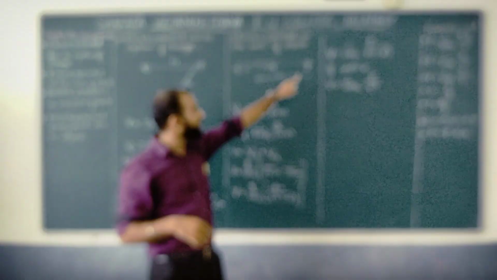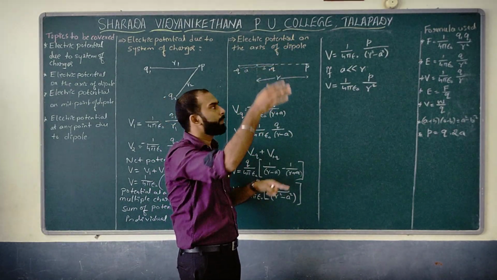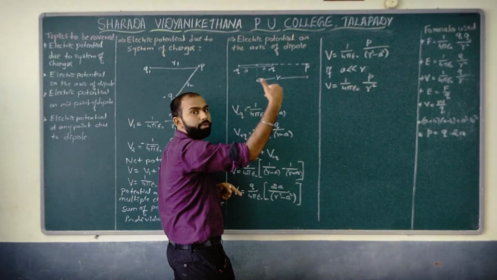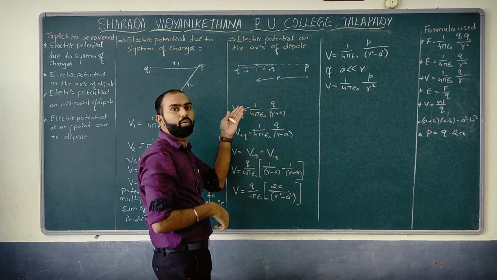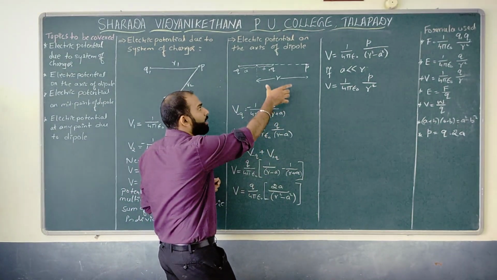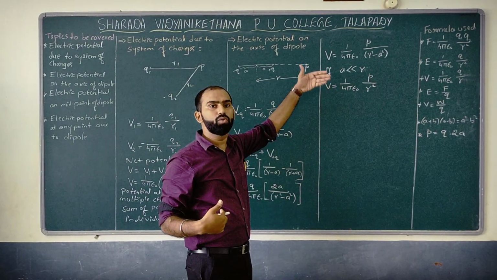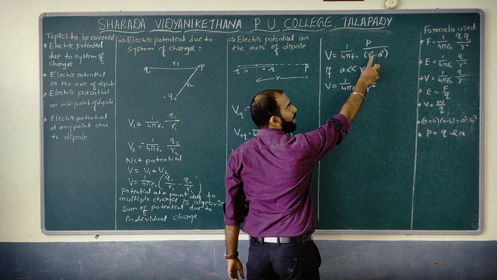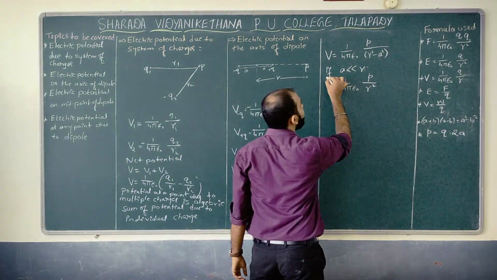For example, if I keep this particular point P at infinity, where you can't see, don't you think this r is much greater than this small a, or this a is much smaller than r over here? Are you getting? So in such a case, if a is much smaller than r, can I say a is negligible over here?